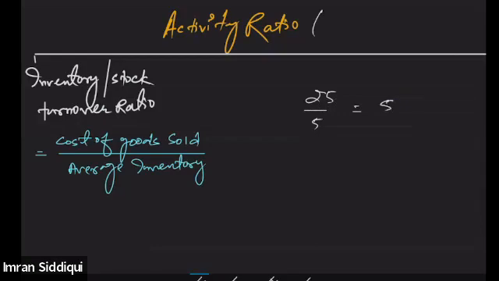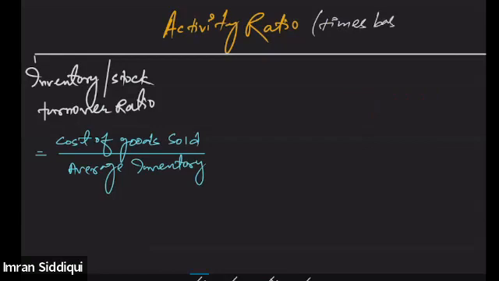Rather than saying 5:1, we call it 5 times. If the inventory ratio is 5:1, it will be interpreted as 5 times. I hope this is clear. So all the ratios under it are interpreted as times.